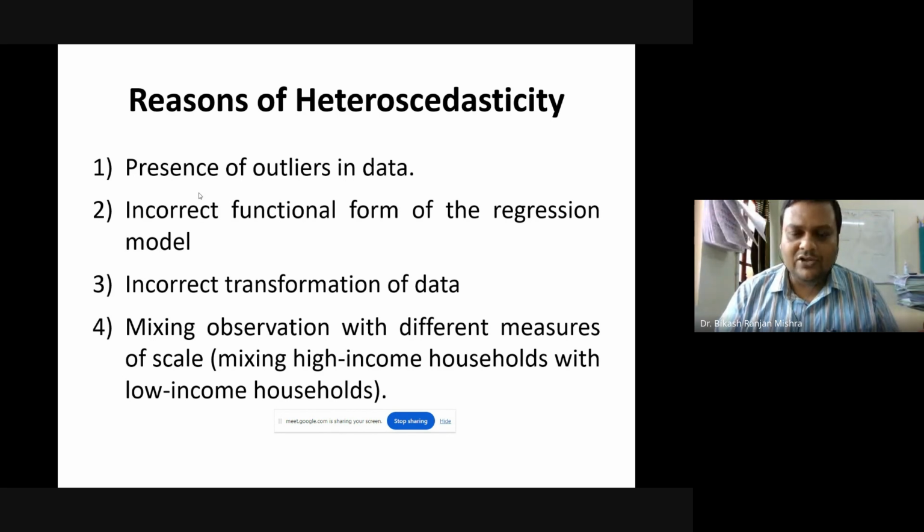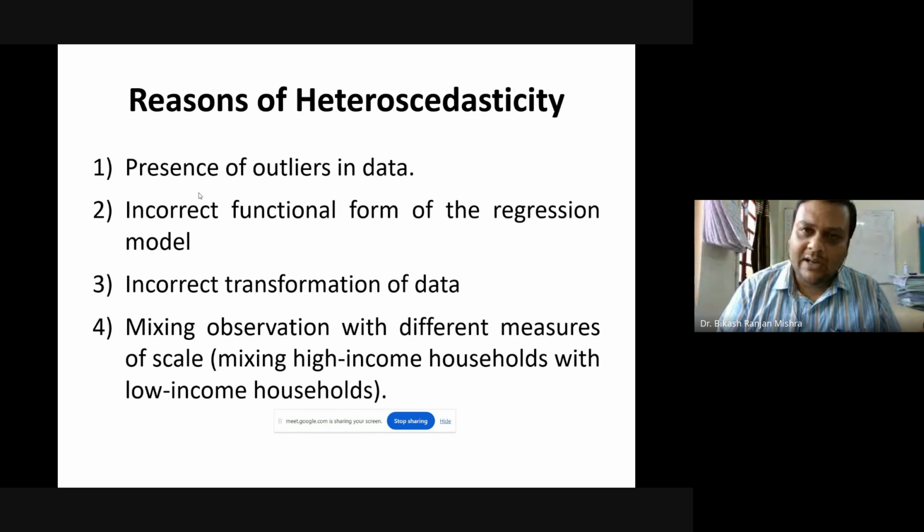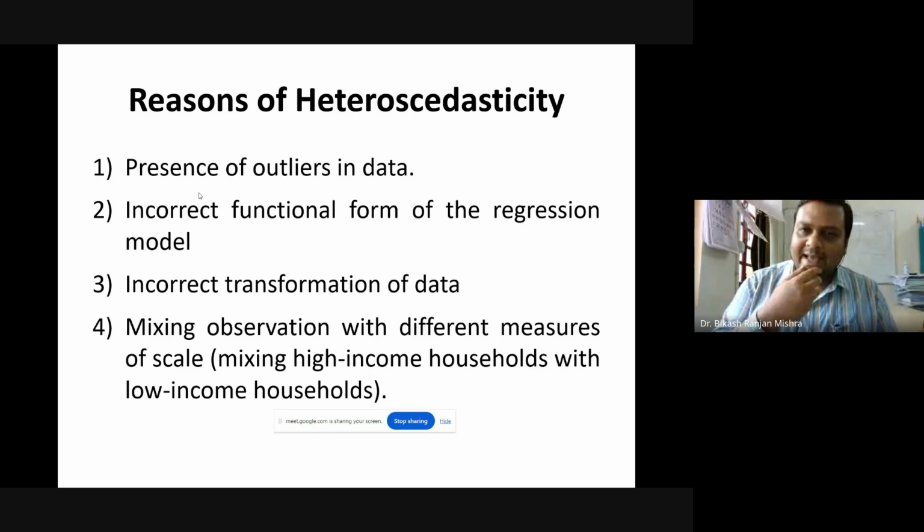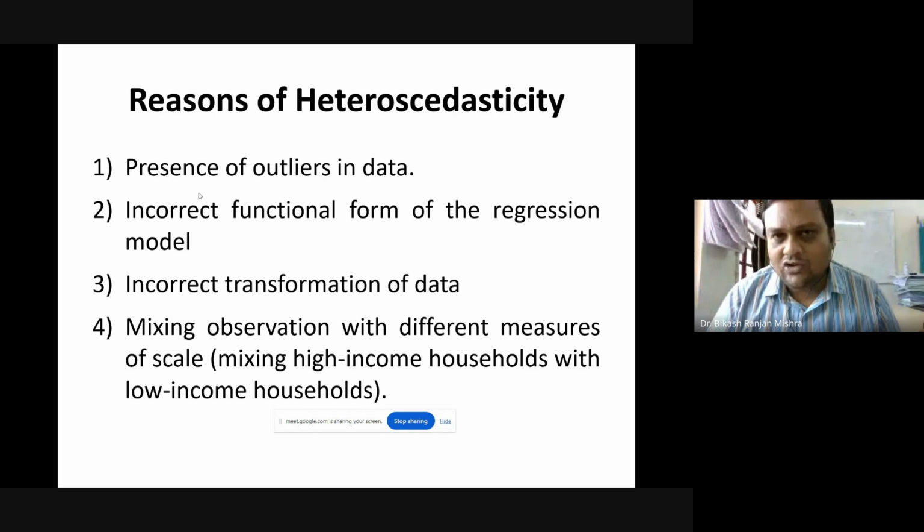If you come across such heteroscedasticity, it may be because of certain outliers in the data, so trace them and remove them. Second, there is a possibility of an incorrect functional framework, meaning a particular variable needs to be log transformed, or maybe exponentially transformed, or maybe an interaction term needs to be there.